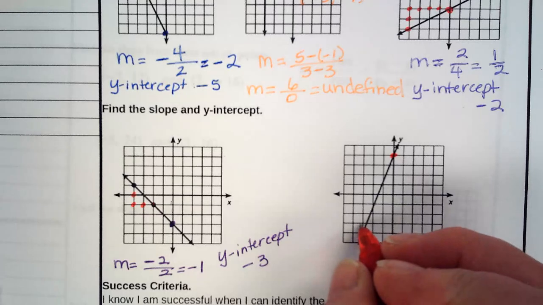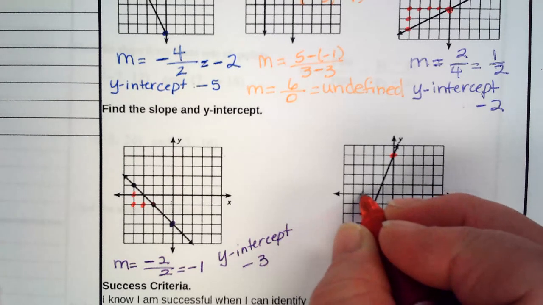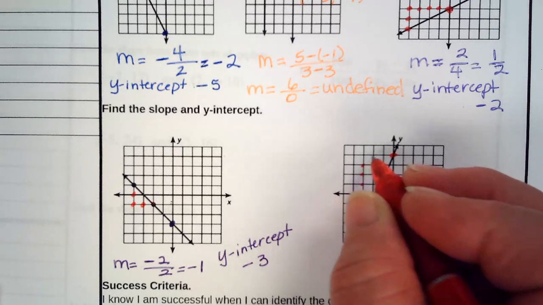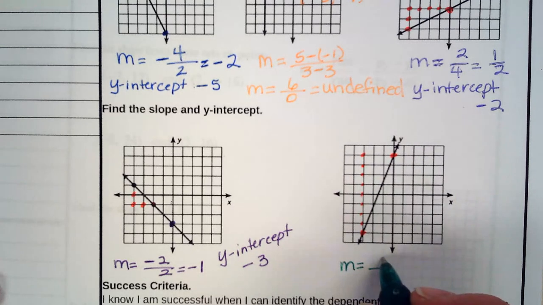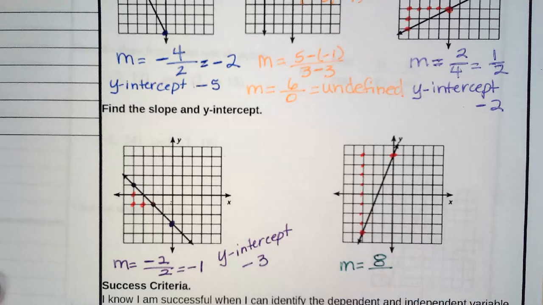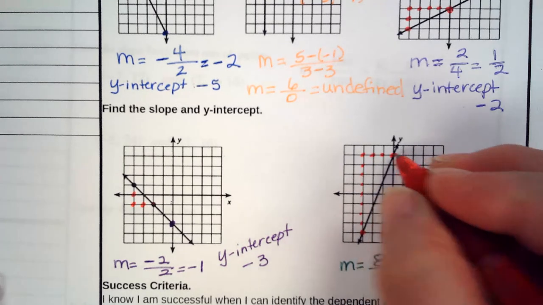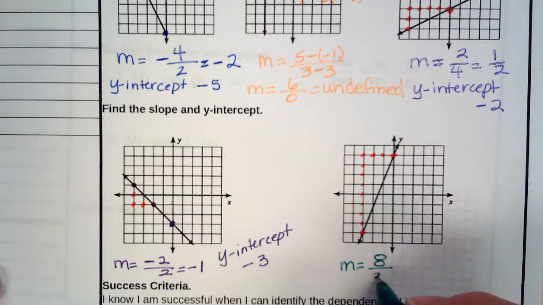I'm going up 1, 2, 3, 4, 5, 6, 7, 8. So my rise is 8. My run, 1, 2, 3. So my slope is 8 over 3.